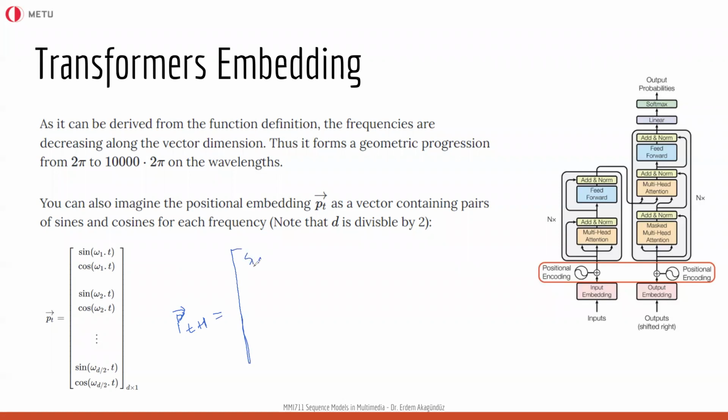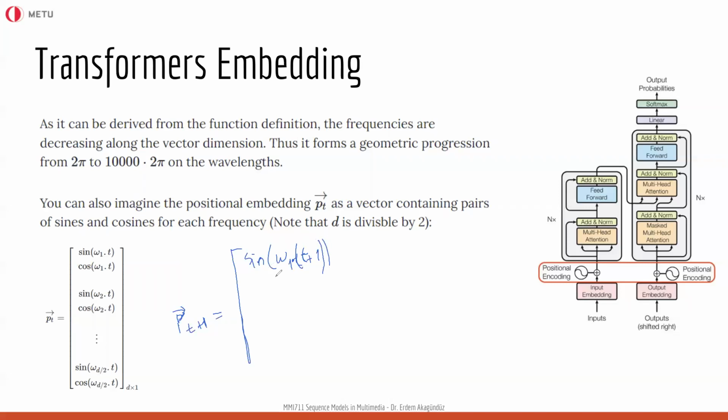This is again sine, omega 1, this is the same, but this is t plus 1. So this was, if t was 1, it doesn't matter, it's t plus 1 times, this is a, sorry.